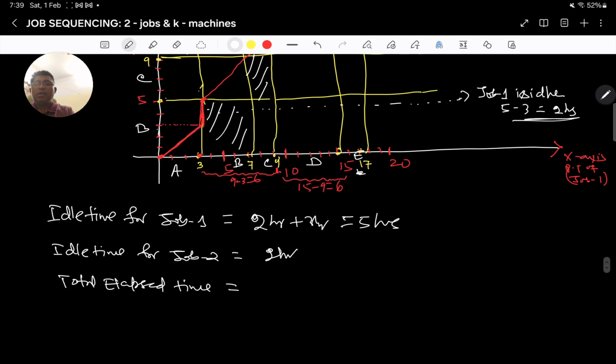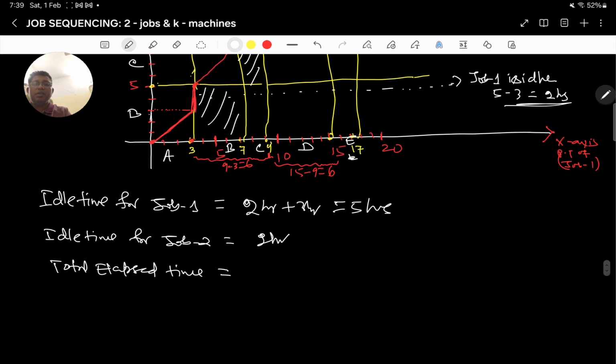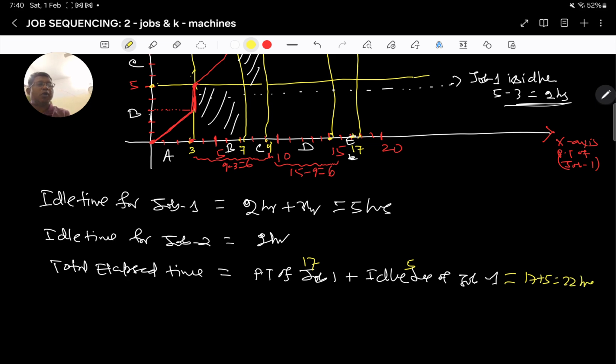Now the total elapsed time, what does it mean? It is processing time of job 1 plus idle time of job 1. Processing time of job 1 is 17 and idle time is 5. It is 17 plus 5 is 22 hours.